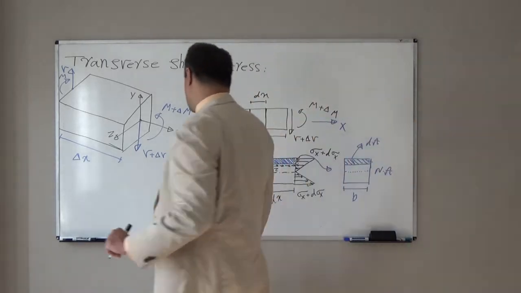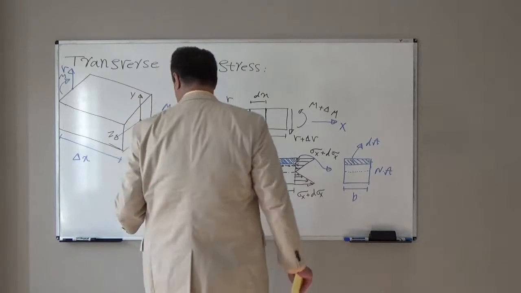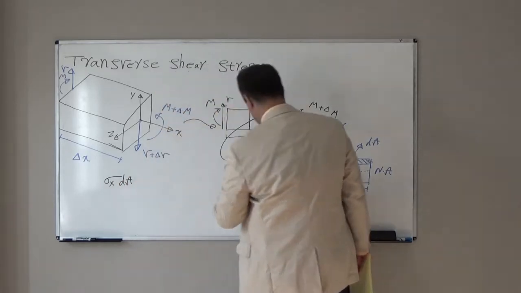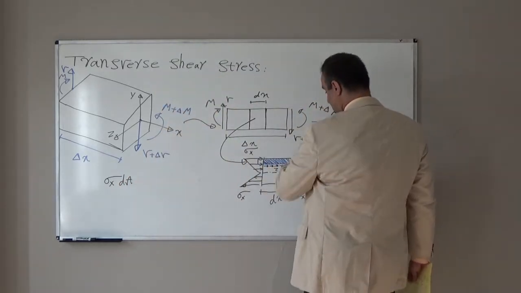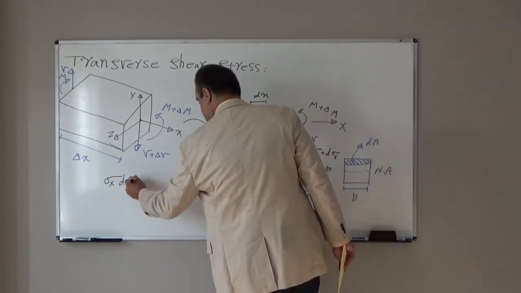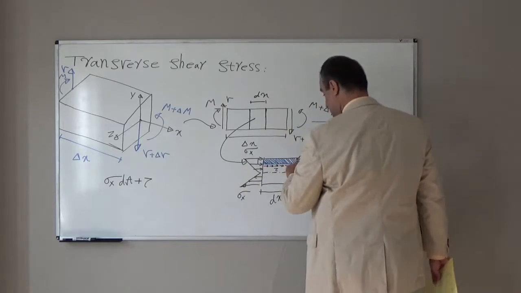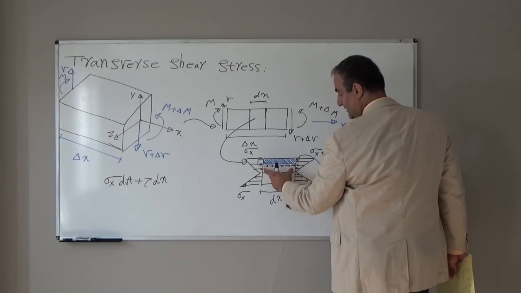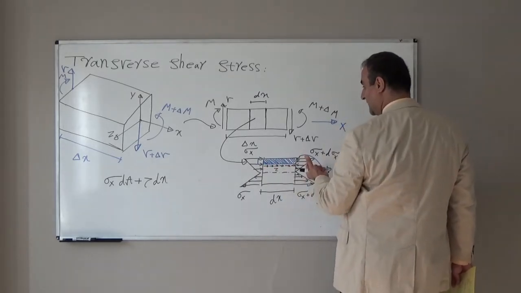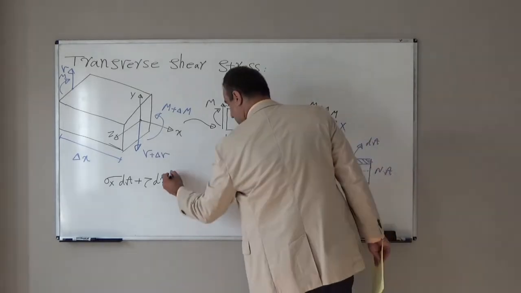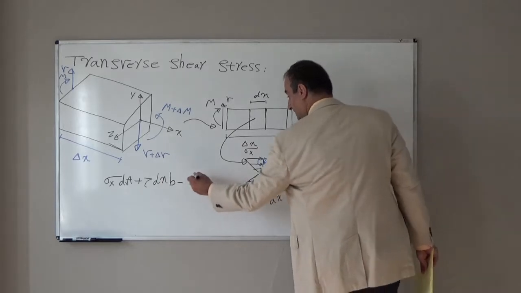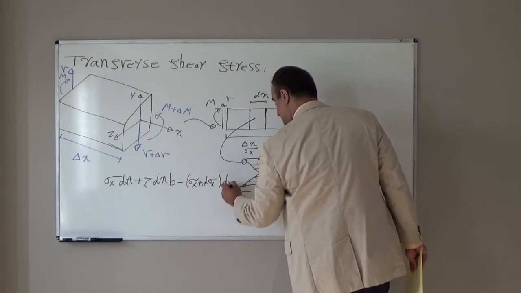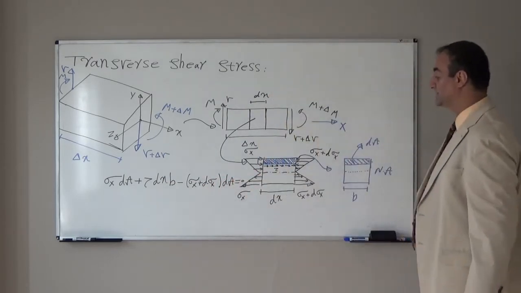So if I write the equilibrium equation in the horizontal direction, I will have sigma x times dA in the positive x direction, plus tau times dx times the width of the beam perpendicular to the board, that is B, minus sigma x plus delta sigma x times dA, should be equal to 0.